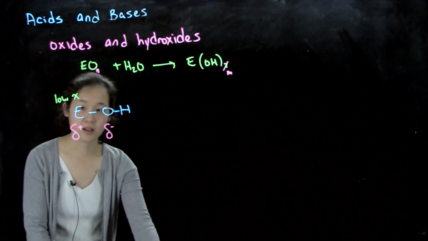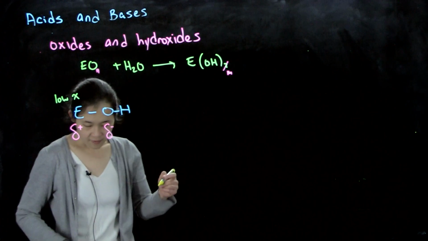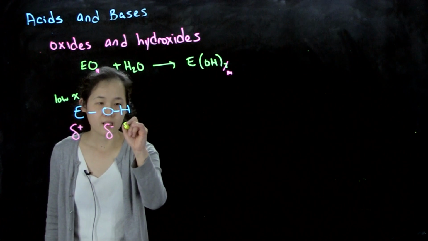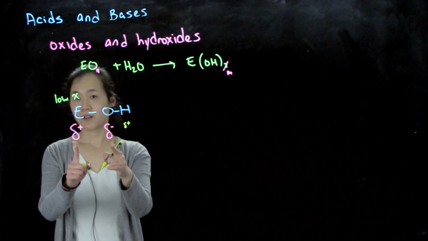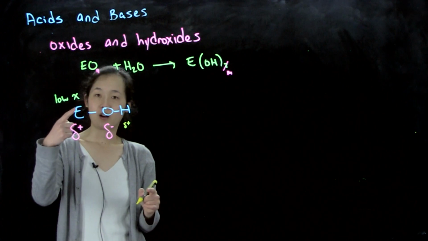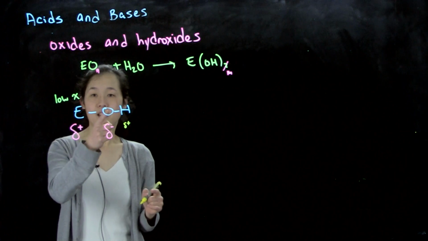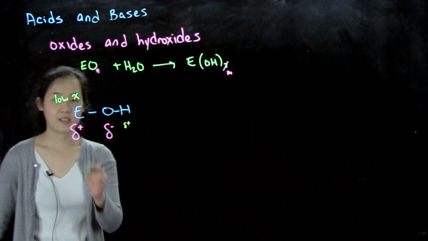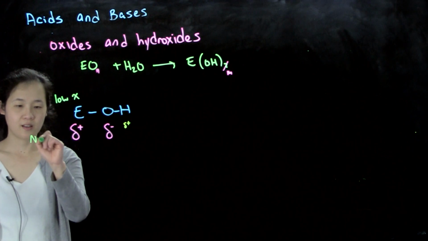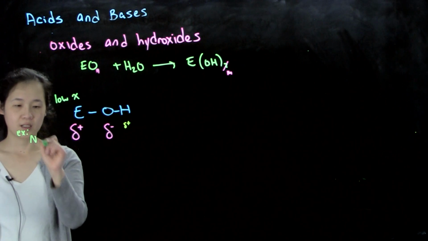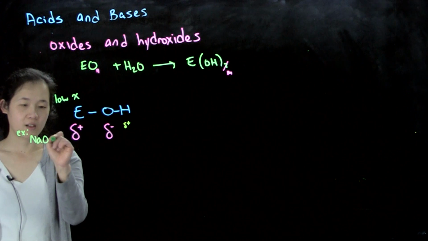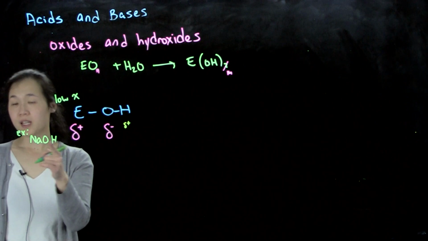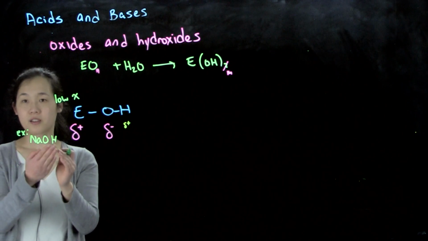And as a result, the positive charge on the hydrogen is maybe smaller. So this is the biggest difference in electronegativity between our low chi elements and oxygen. So for example, if we have sodium hydroxide, then of course our biggest polarity difference is between sodium and oxygen.